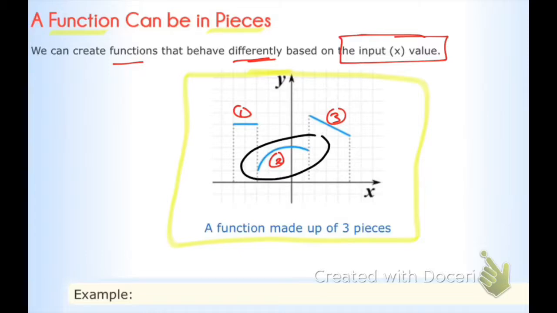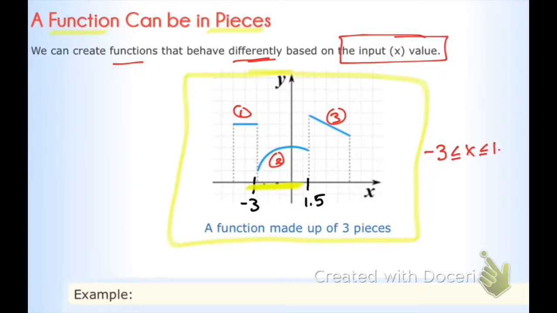So function number 2, it only works from -3 to, looks like, positive 1.5. So when x is greater than or equal to -3 but less than or equal to 1.5, this function is valid, it works. We're going to graph it over that specific piece, that specific interval.